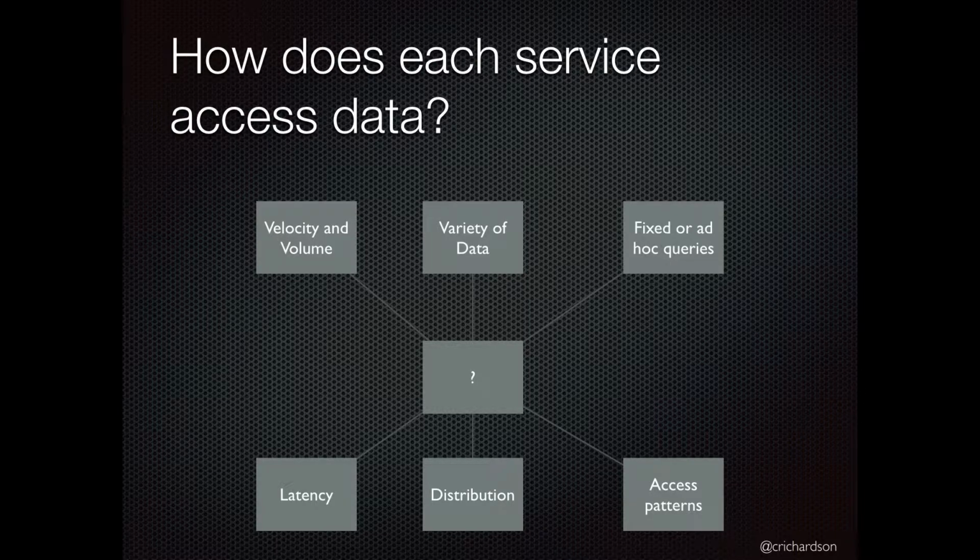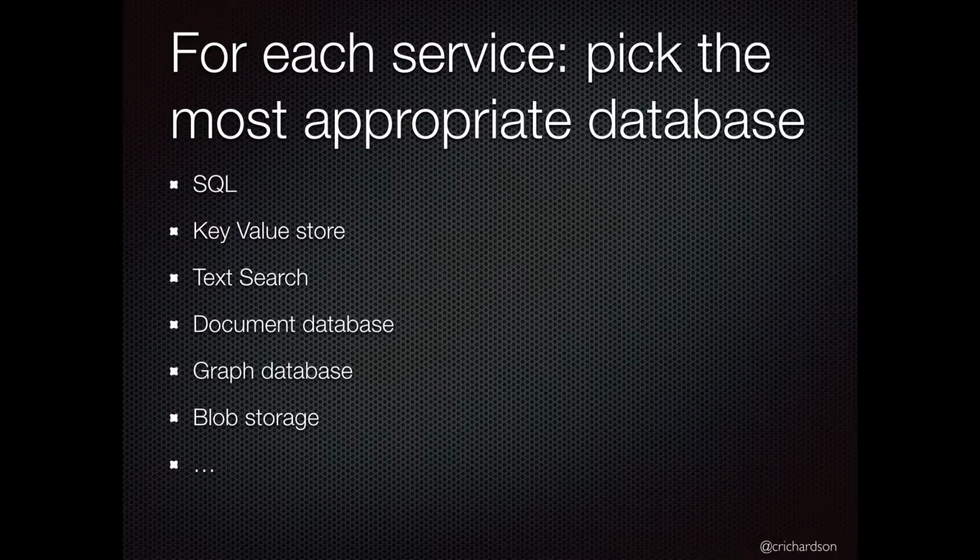So you can ask those questions, and then for each service, pick the kind of database that best suits that service. Could be SQL, could be key value, could be text search, or it could just be blob storage, something like AWS S3. So it all depends on the needs of a particular service.